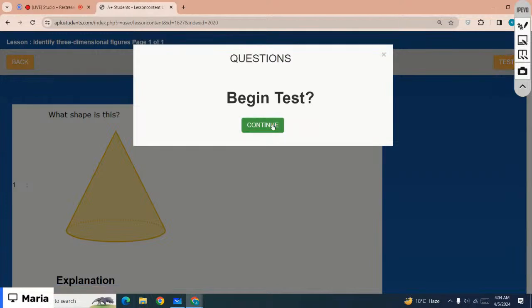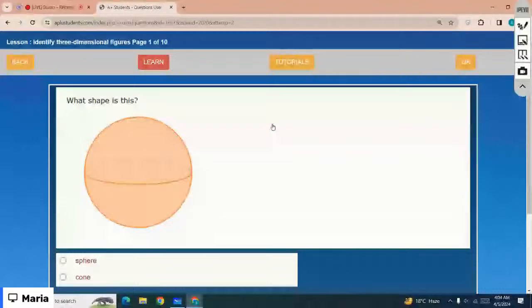Let's start with the test questions. What shape is this? Which is the correct option? Yes, the shape is a sphere.